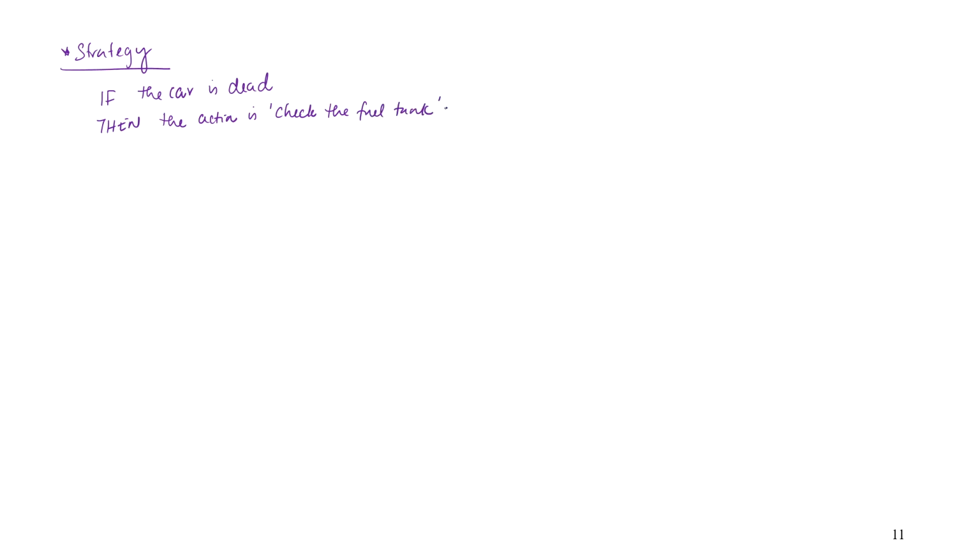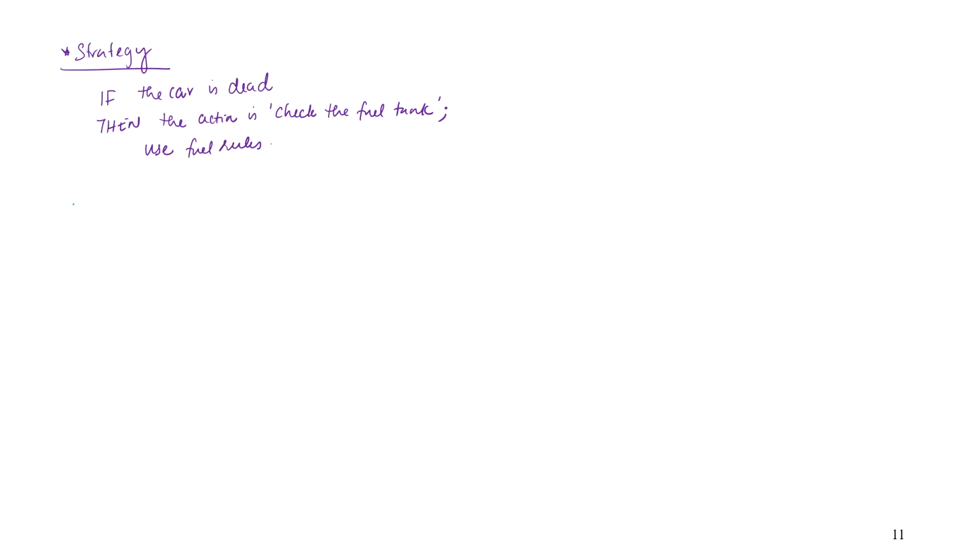Then use fuel rules. So, this is a strategy. If the car is dead, you check the fuel tank and then based on which use the fuel rules. This is an example of what we call a strategy.